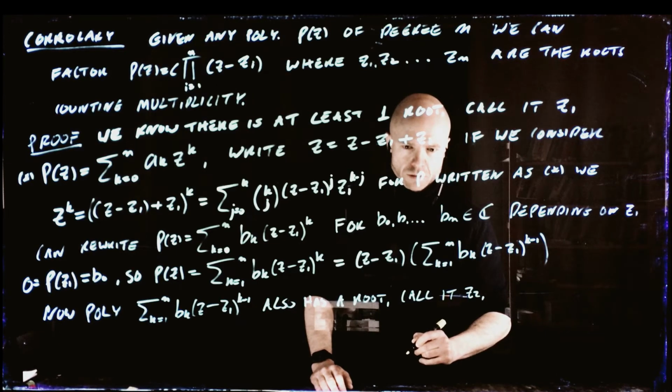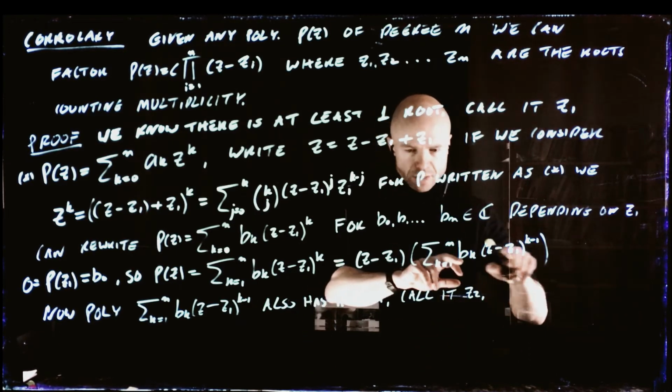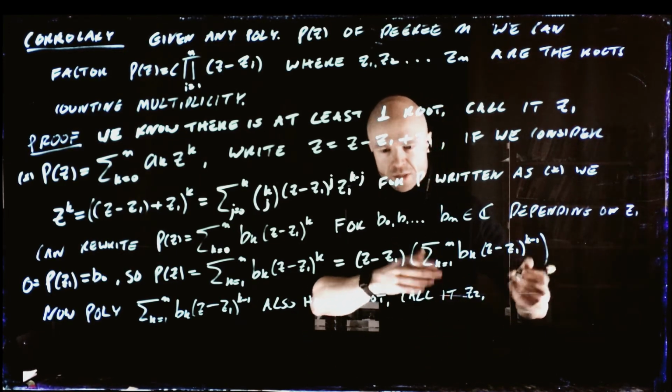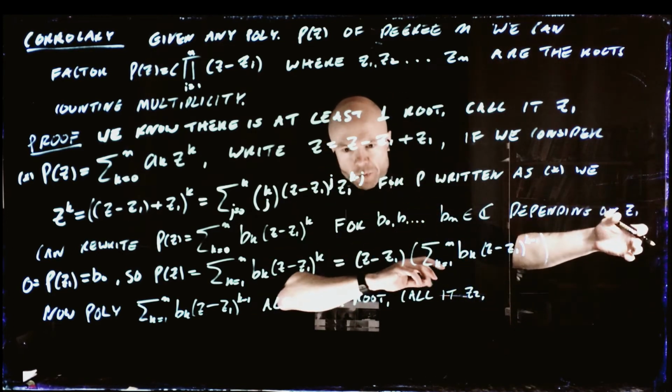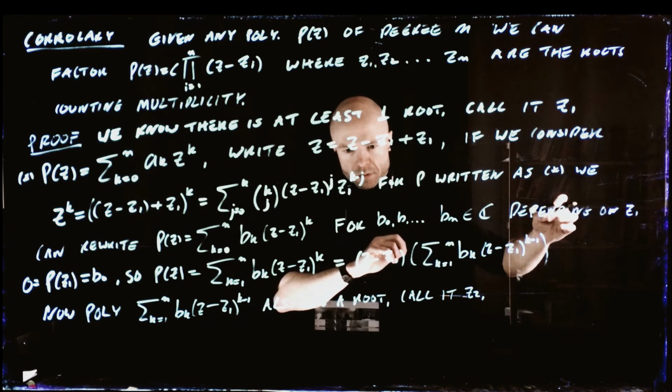Then we repeat, because this is something we can write as z minus z2 multiplied by a polynomial of degree n minus 2.